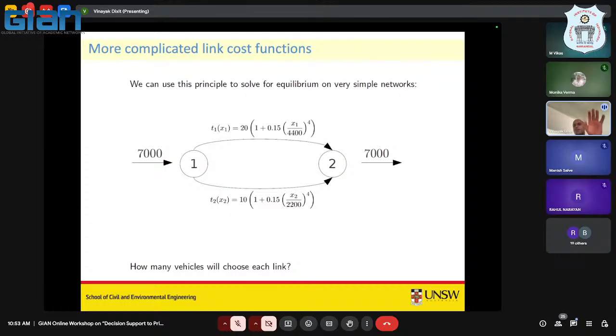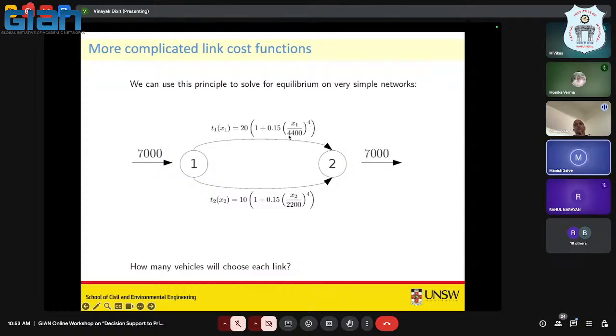You can solve it, it's literally an easy solution. What you'll end up doing is you'll find that twice of x1 divided by 4400 raised to power 4 should be equal to x2 divided by 2200. So that means 2 times x1 by 2 raised to power 4 should be equal to x2.